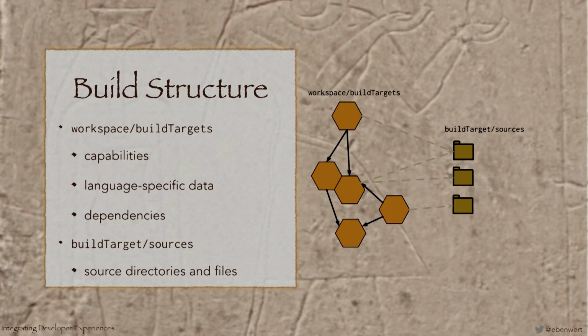So it has capabilities such as you can compile this target, you can test this, some language-specific data such as this target should be compiled as Scala, and dependencies on other targets. So basically, with that, you can model some directed acyclic graph.